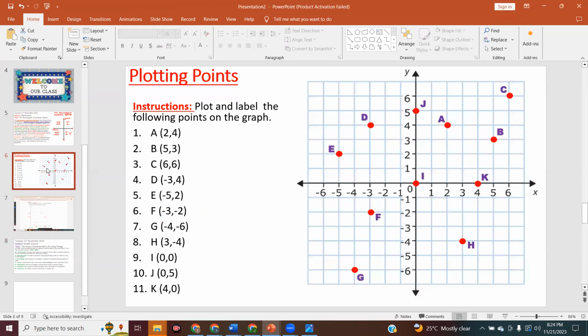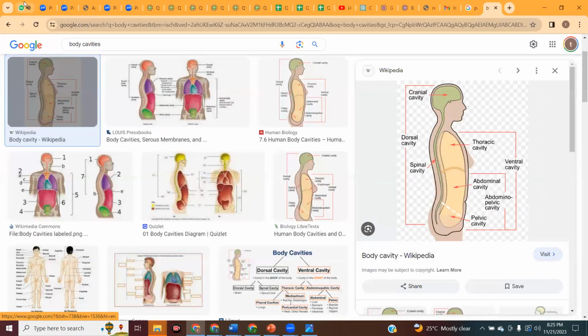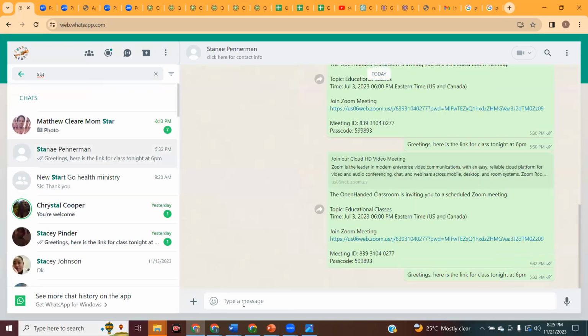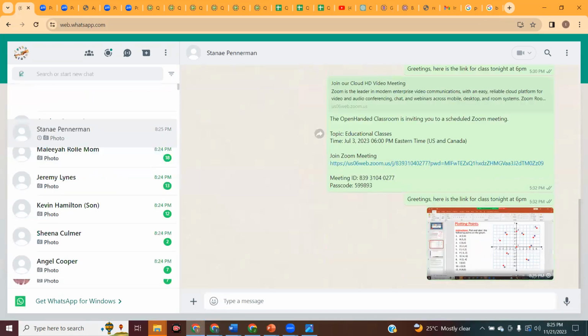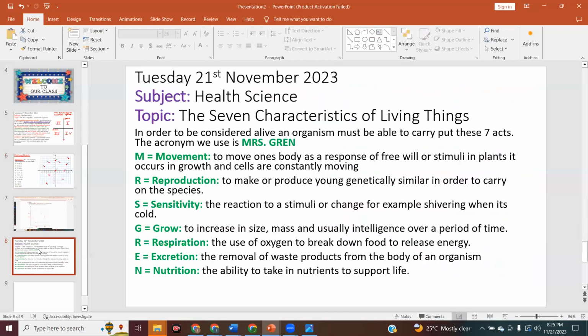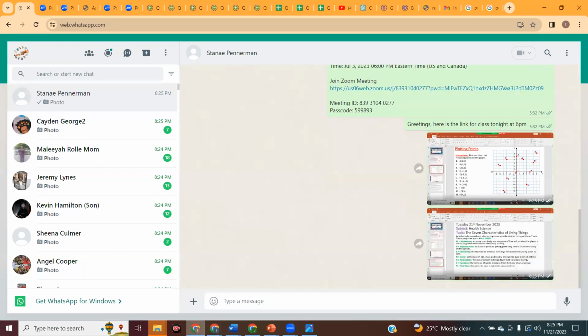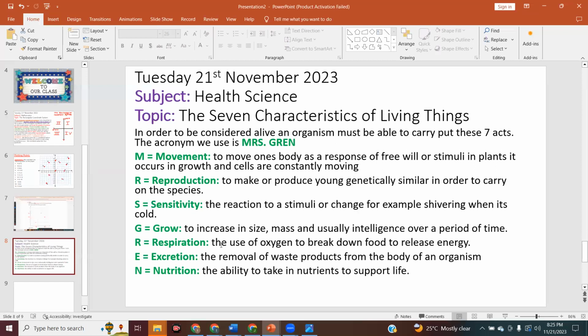Give me one moment. I have to send this to Stanae. She didn't get this. Again, once you finish with your notes, take a picture of it and send it to me via WhatsApp. I got Kaden, Malia, Jeremy, Kevin, Shekinah, Angel, Shion, Sabrio, Waterfall, Dion, Egypt, China, and Nevaeh. Still waiting on the rest of you to send your work.